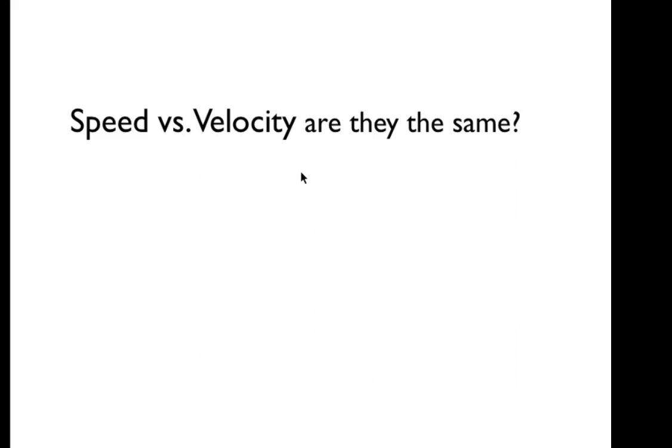Okay, so speed and velocity are similar. Going back to that example, we had a distance of 80 kilometers, but our displacement was equal to 40 kilometers. And I'll put an S there for south.